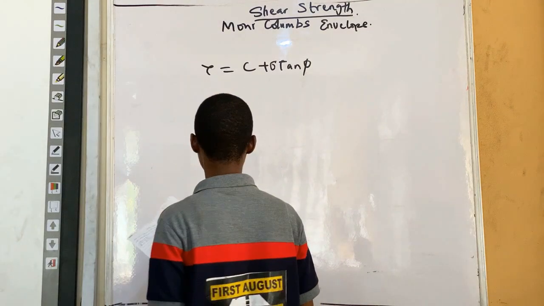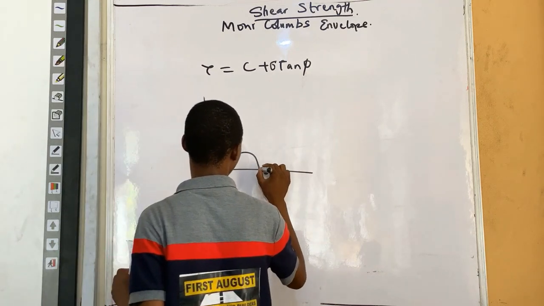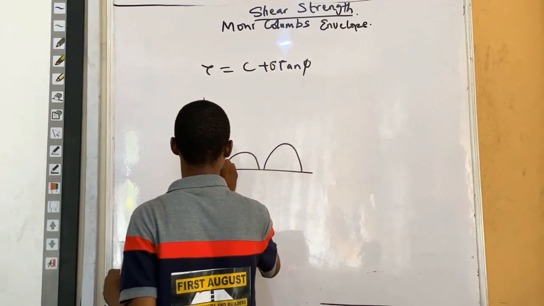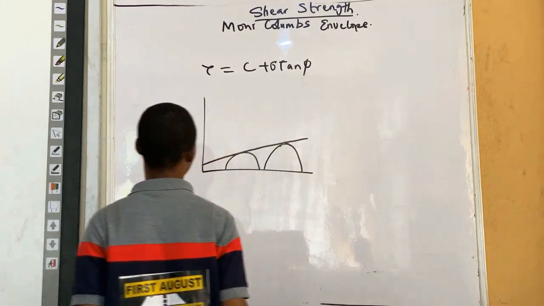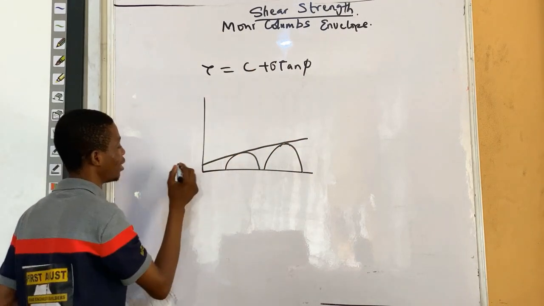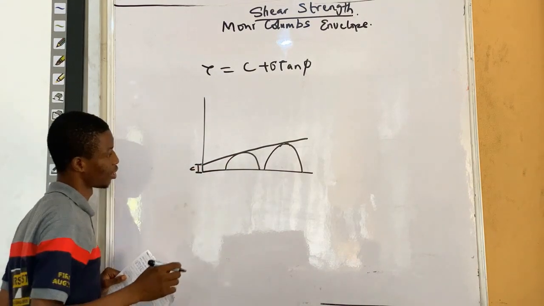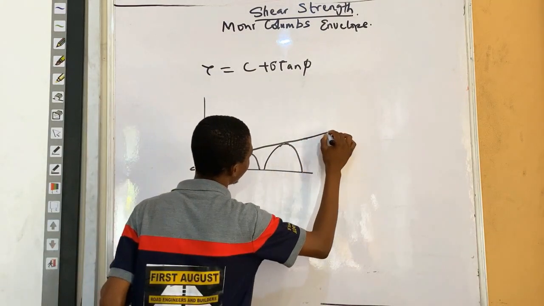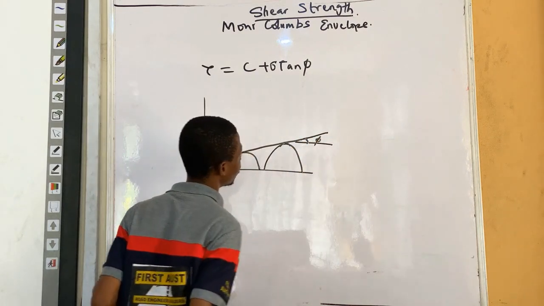So it's just like from our Mohr sample. Which formula is this one? So these are our C, and this square, in this angle.